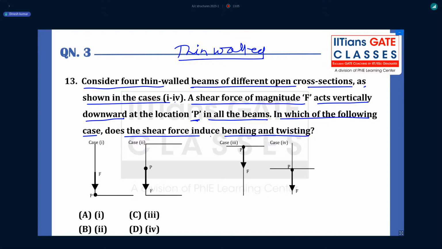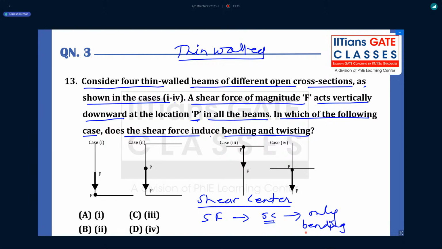So guys, do we know what the shear center is? There is a concept of shear center in thin-walled structures for flexural bending. It says if your shear force passes through the shear center, there will be only bending, and no twist.